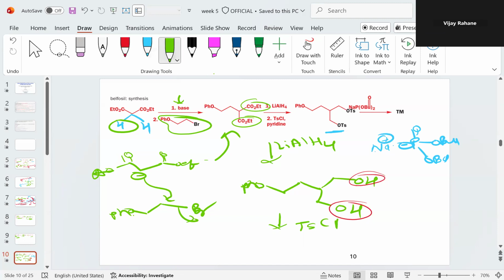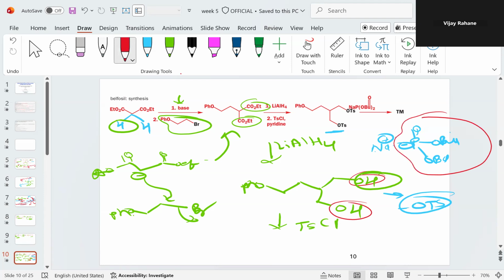What we did here: this hydroxy group was a bad leaving group. We have converted this into the tosylate, which means we have converted this hydroxy group into the OTs good leaving group. That's what conversion we did in this tosylation reaction. And once this is converted into a good leaving group, we can do the substitution reaction, substituting this O tosylate entirely with this P double bond O OBu twice.